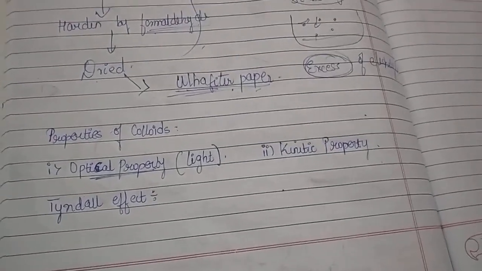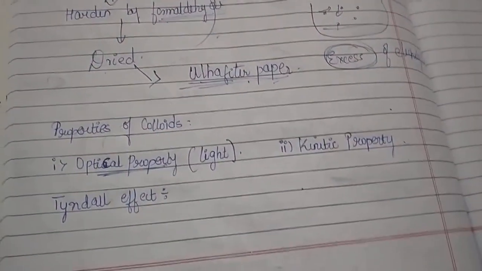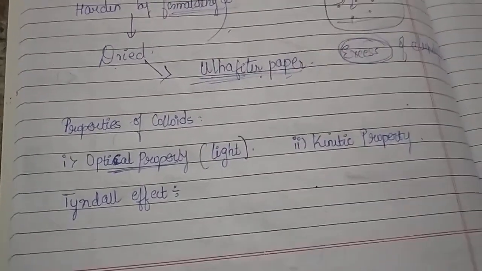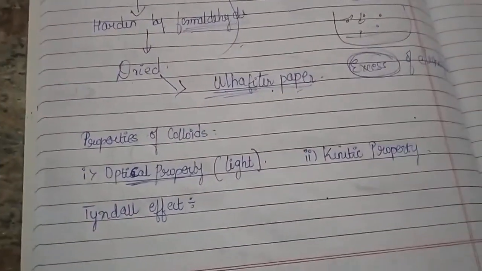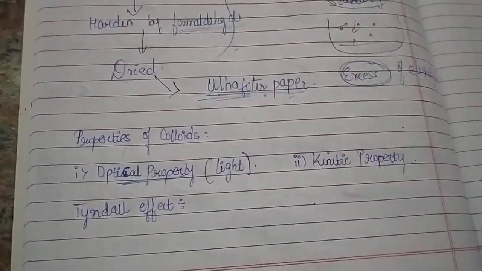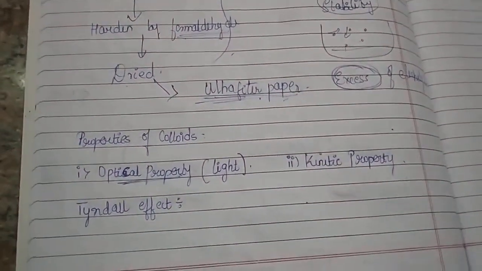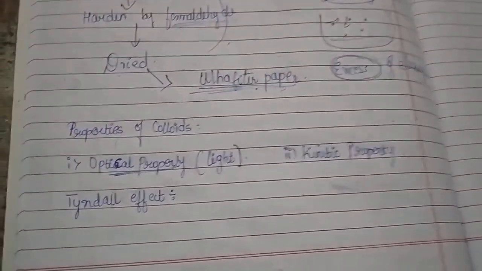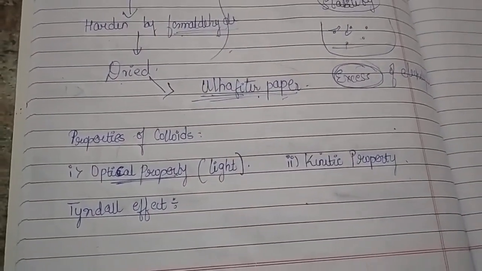I am once again asking you the question. Assume you're sitting in a dark theater, no light. The projector is on and the light is projected on the screen. The first question I'm going to ask is, can you see the path of the projector light?